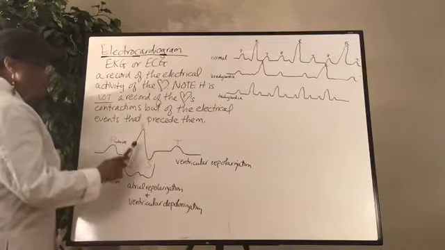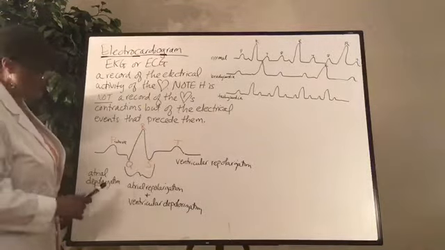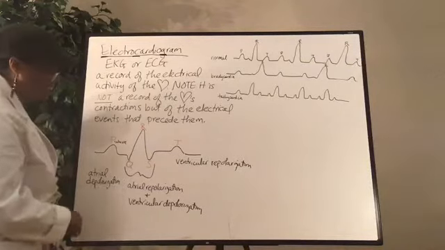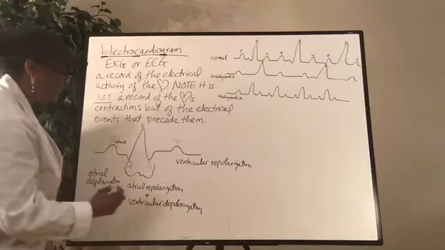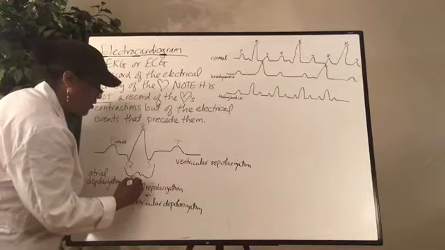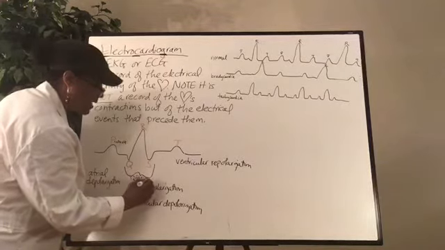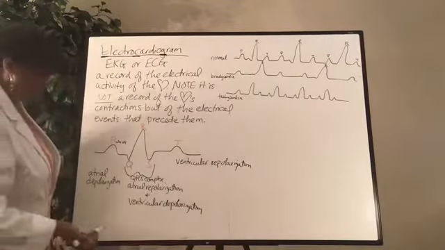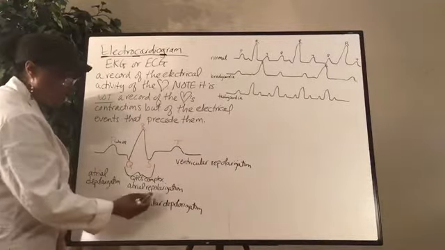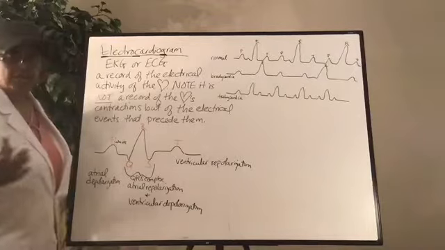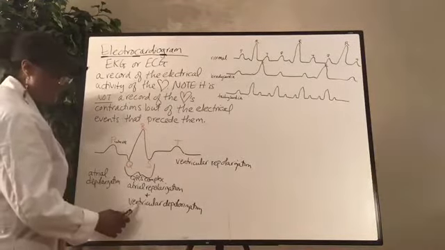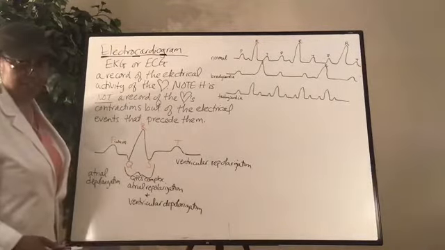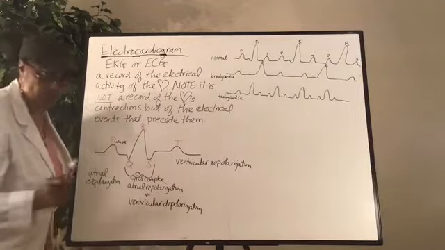Then we have the QRS. This is called a QRS complex, and it has two things in it. It has the atrial repolarization, when the atria now relax, and then it has the ventricular depolarization, where the ventricle contracts.